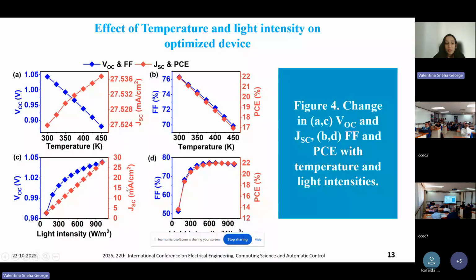And the fill factor and PCE consistently increased at the increasing intensities. So these behaviors confirm that optimized devices maintain good operational stability, and it also maintains predictable photo response consistent with the literature.